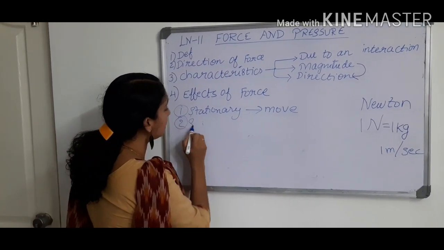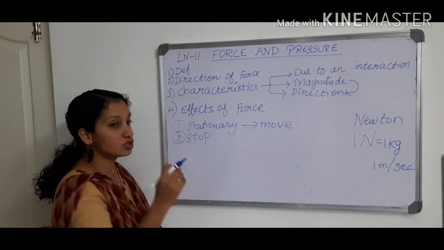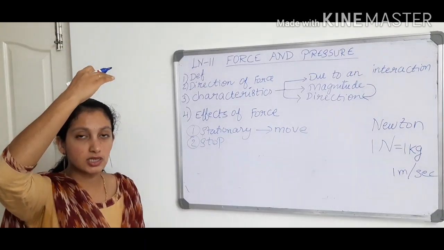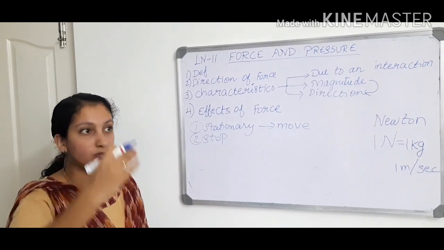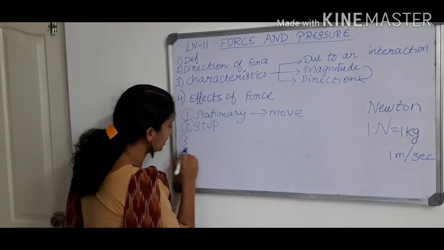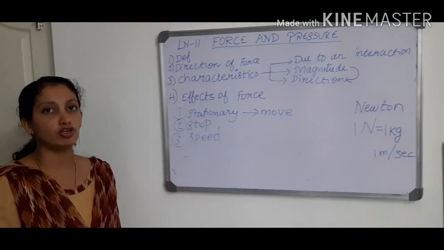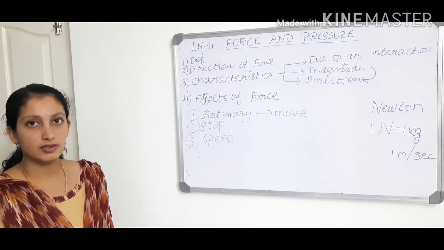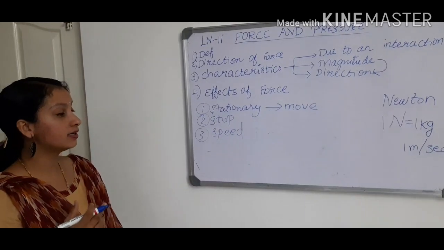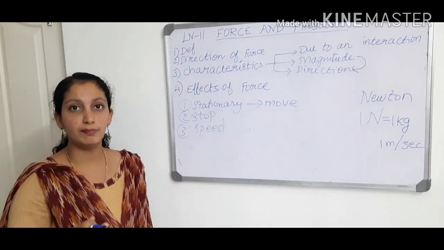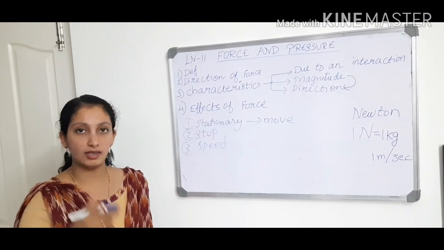Second, you can make the movement of an object stop. Once you apply force, you can make the object stop its movement. Third, you can alter the speed of an object. For example, you are riding a bicycle.